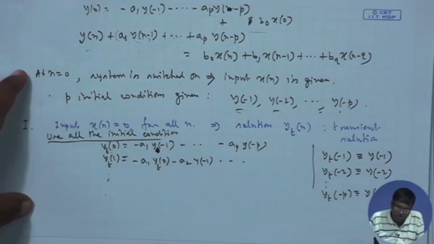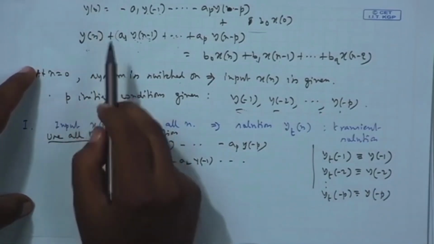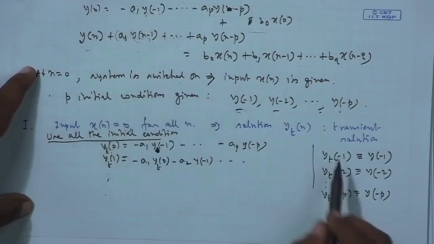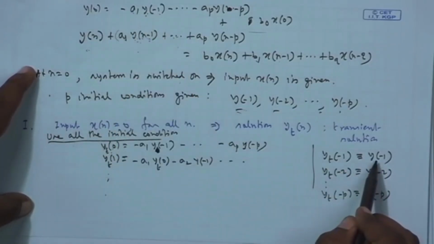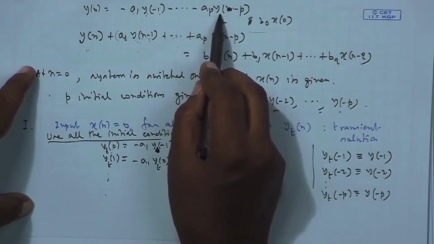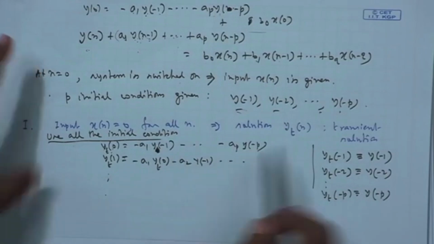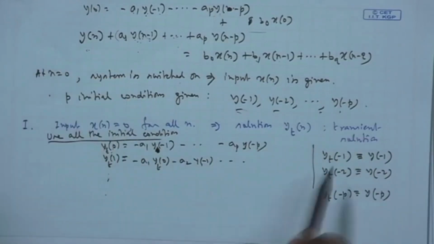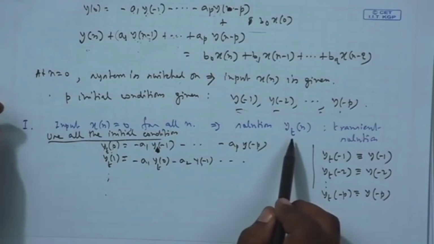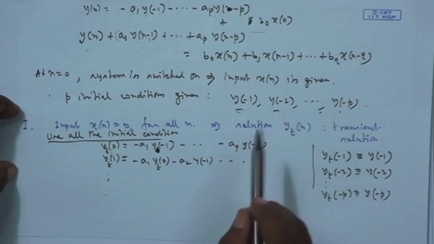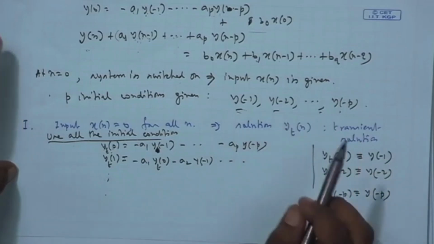That is why y t 0 will be minus a 1 y t minus 1, but y t minus 1 I am taking to be the given initial condition y minus 1, up to minus a p y t minus p, where y t minus p I am taking to be y minus p. Okay, the full initial condition I am using here for y t, that is, this solution satisfies the initial conditions for n equal to minus 1, minus 2 up to minus p. That is the assumption.